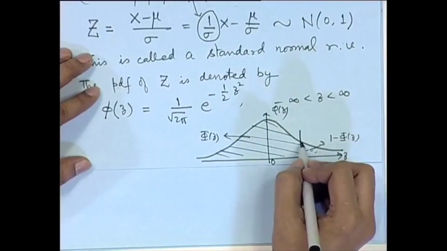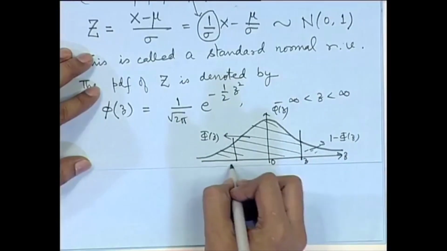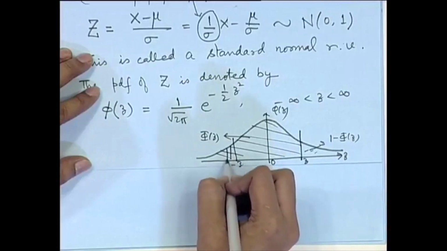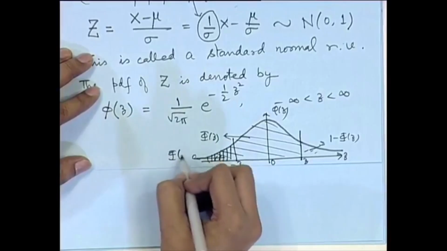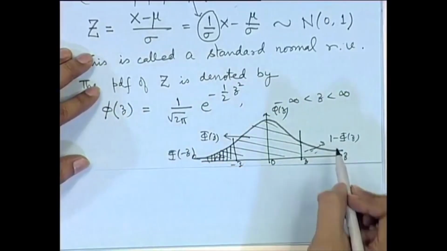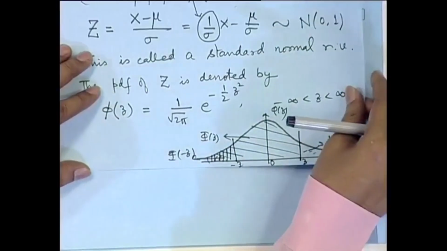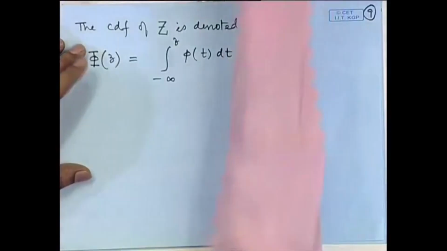By symmetry of distribution, if we consider the corresponding point, say minus z here, then the area here is phi of minus z, which shows that 1 minus phi of z is equal to phi of minus z.